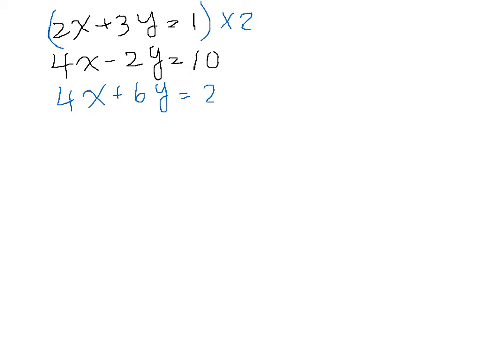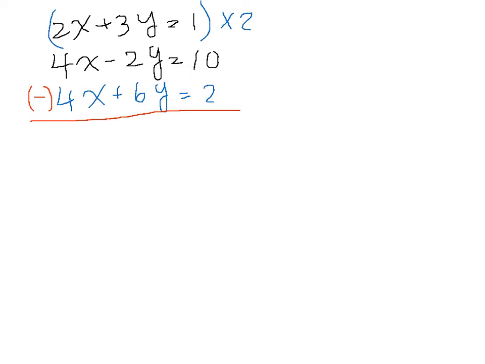Now this form is really helpful because if we subtract, then we can eliminate x and we just can focus on what the y is. So let's eliminate that. Let's subtract. Make sure you use parentheses so that reminds you of you're subtracting each column, not just the first one, but all of them.